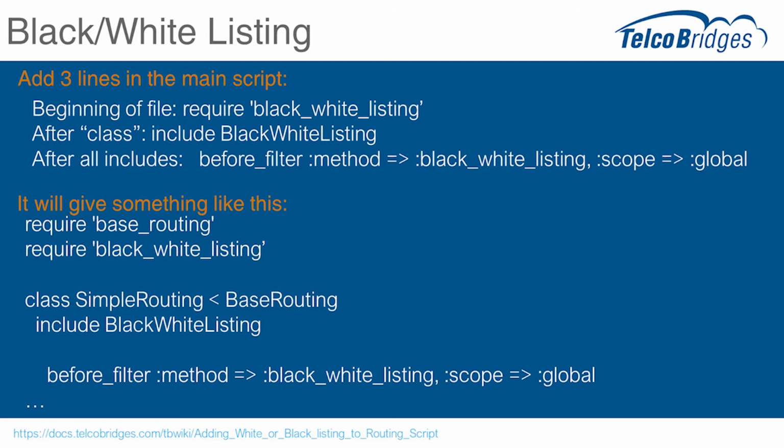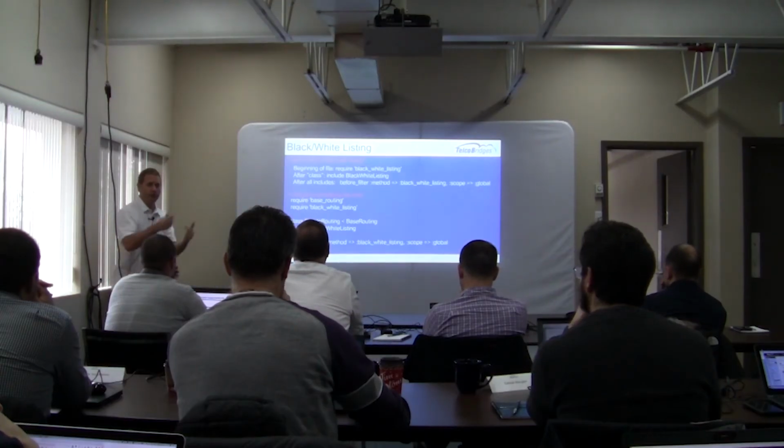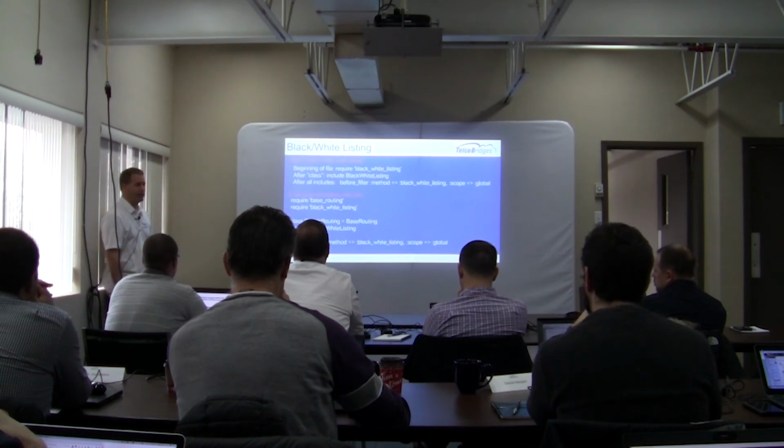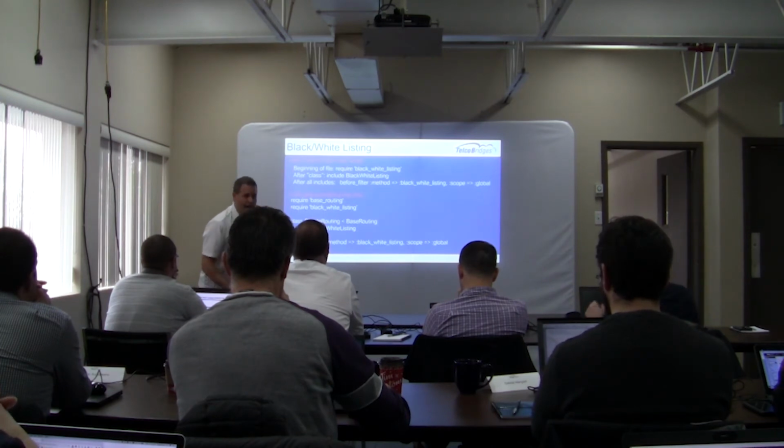These names are all very important. It's software, so it has to match exactly, capital and small letters, everything has to be exactly the same. Once you do that, you just activate the configuration, and now you have black white listing.